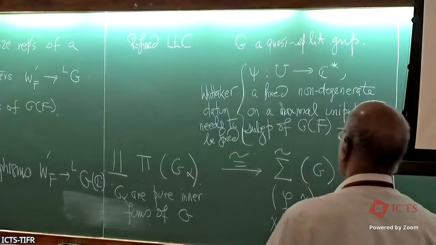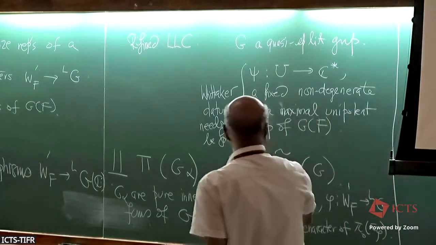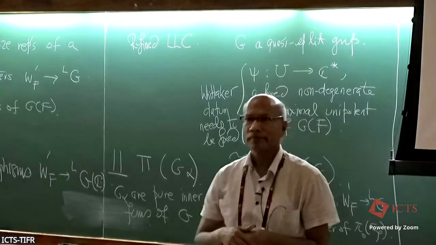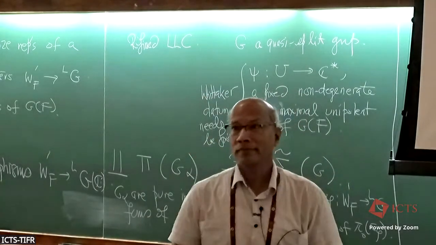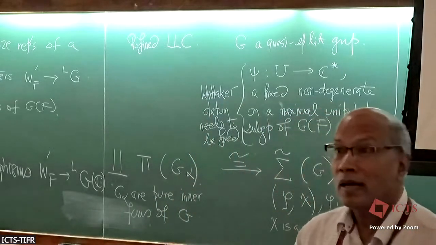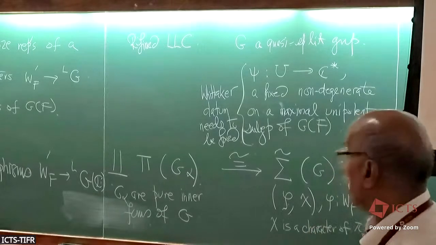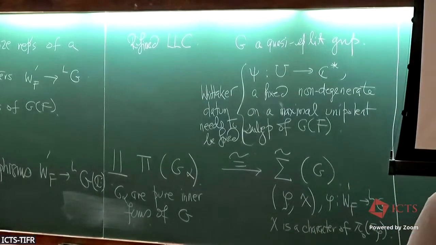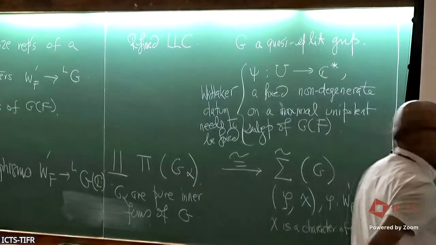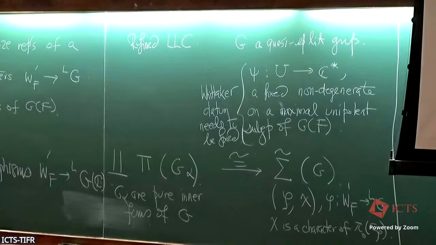So Vogan packet means that it is the inverse image of phi on that set. An example will help, and indeed I did want to do an example, also an example which is very relevant for the GGP. So example of unitary groups.